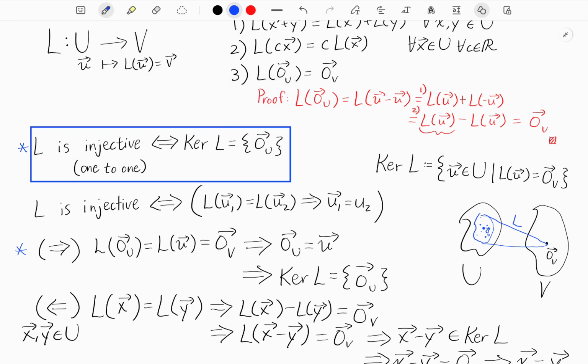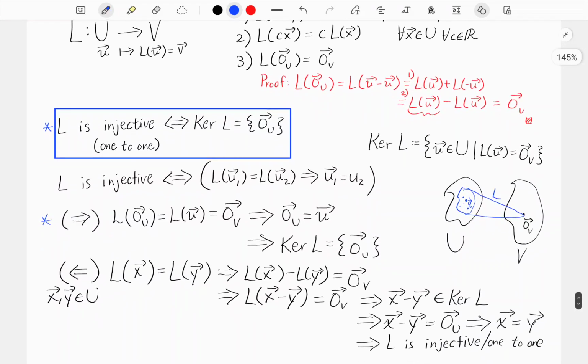This is the theorem, but in this video I was just going over the proof for both directions.